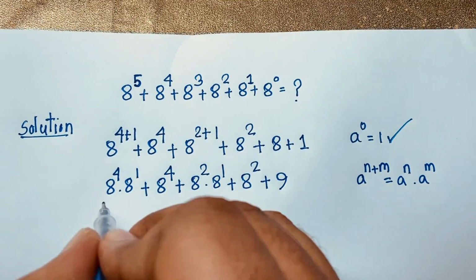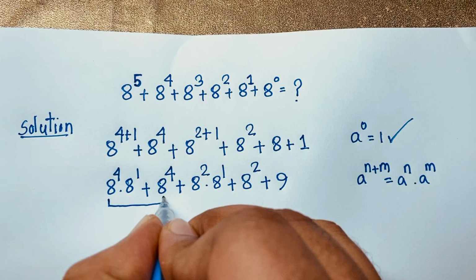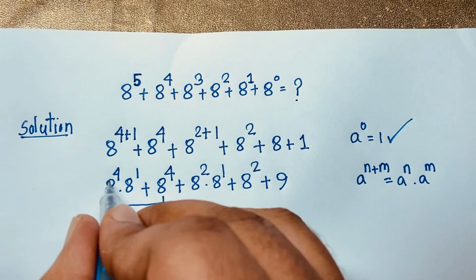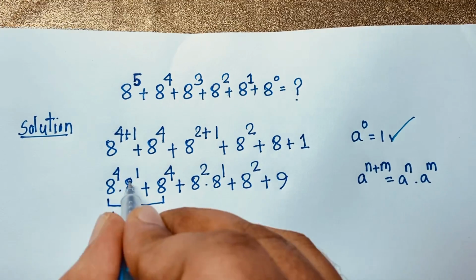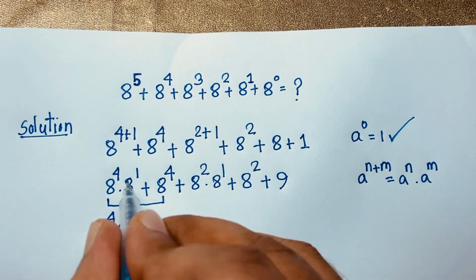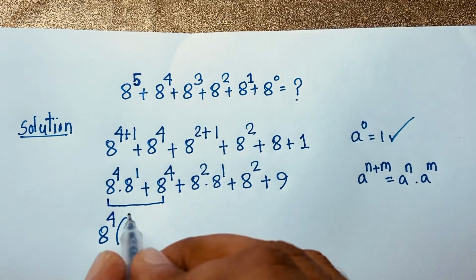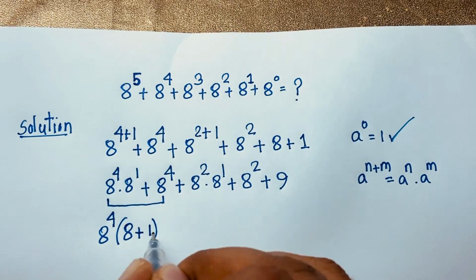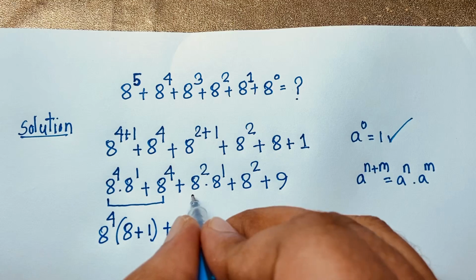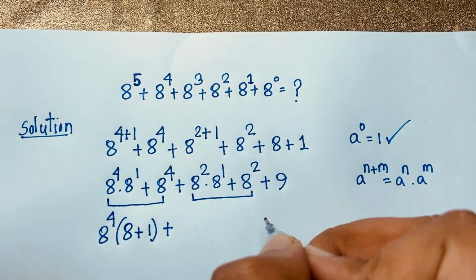Now here you can easily see 8 to the power 4 is common, both are the same. So I take 8 to the power 4 common; this divided by this is 8 to the power 1, which is 8, plus this divided by this is 1. In this expression you can see 8 to the power 2 is common.